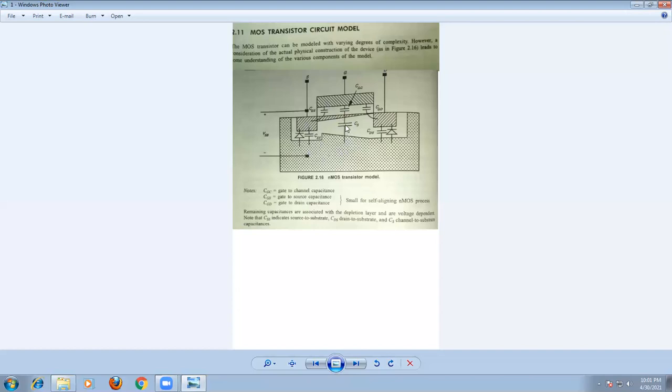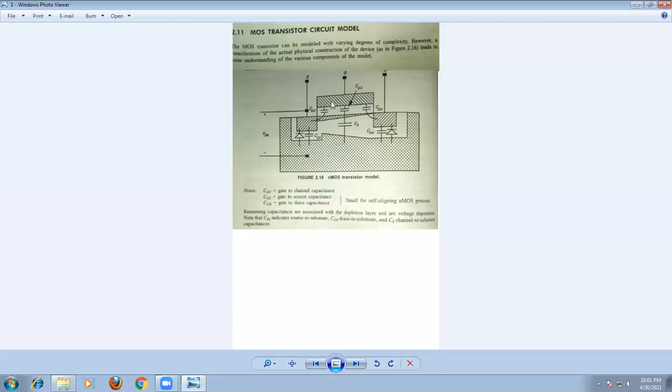Similarly, we have the capacitance between the channel and the gate, which we can call CGC. Actually, these capacitors are not present, we are not connecting them, but they are present depending upon the operation. This silicon dioxide layer behaves like a dielectric media. The polysilicon behaves like one conductor, and the channel behaves like another conductor, so there exists a capacitance we call CGC.